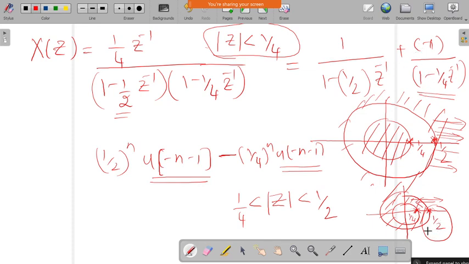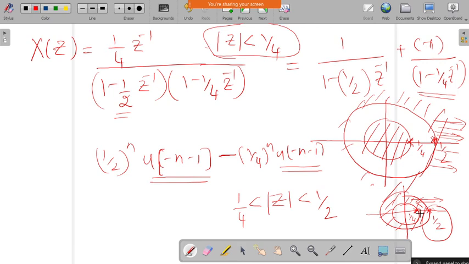For the half it is a left sided sequence, so half power n into u of minus n minus 1 will come. Is it clear? Yes, sir.